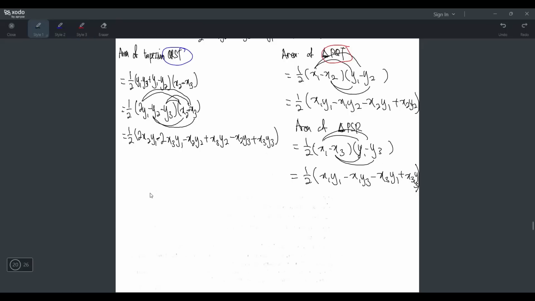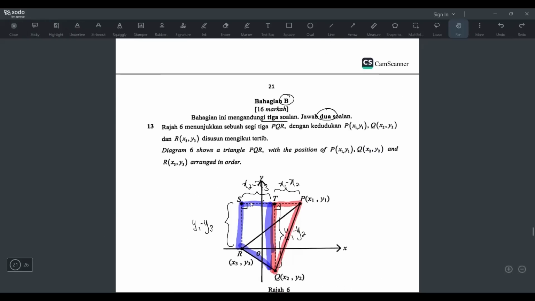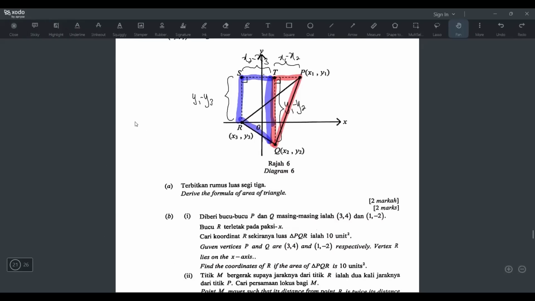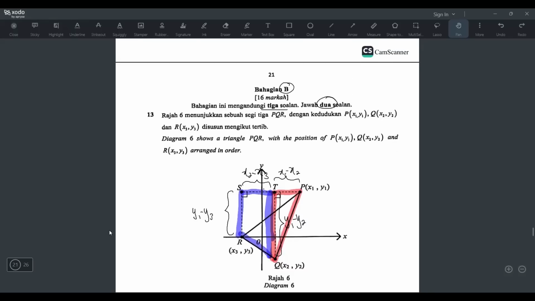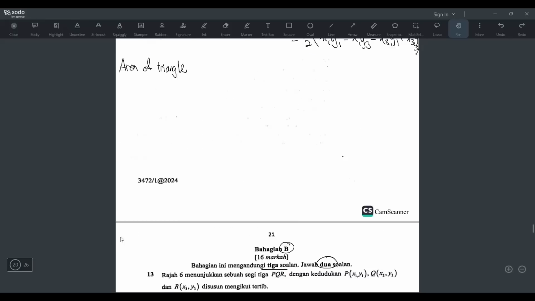So let me add now. I'll just write area of triangle. But this triangle is referring to the PQR actually. Yeah, PQR.